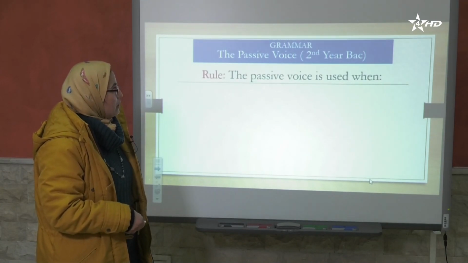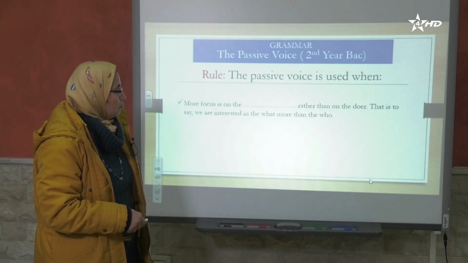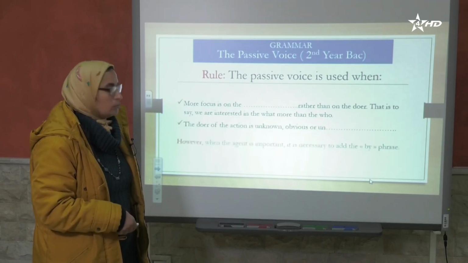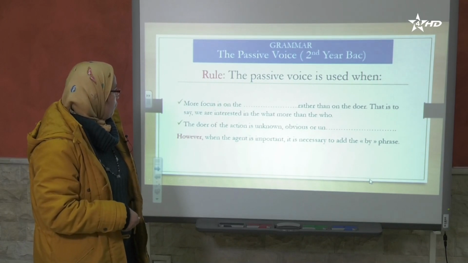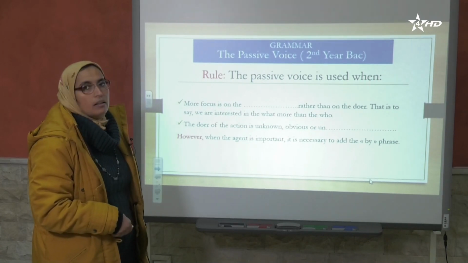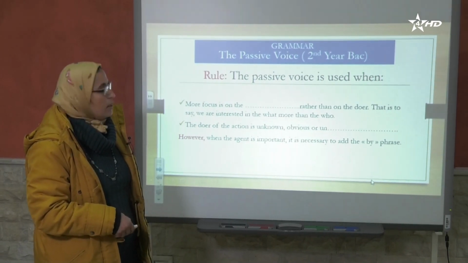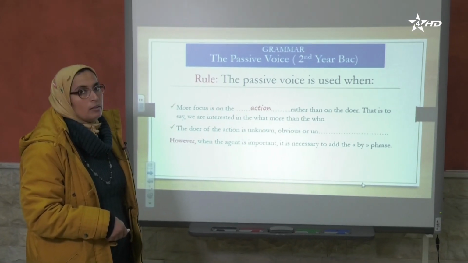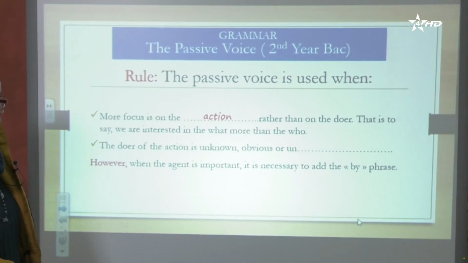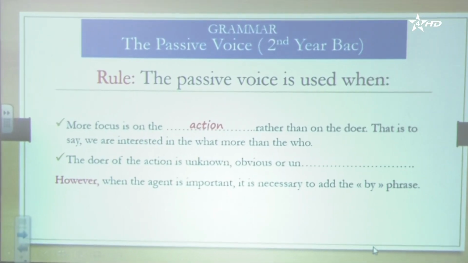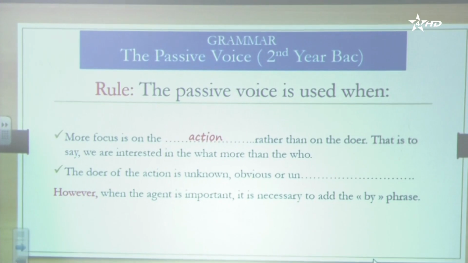The passive voice is used when? So when is the passive voice used? More focus is on the what? The action. Great. Rather than on the doer. That is to say, you are interested in the what more than the who.